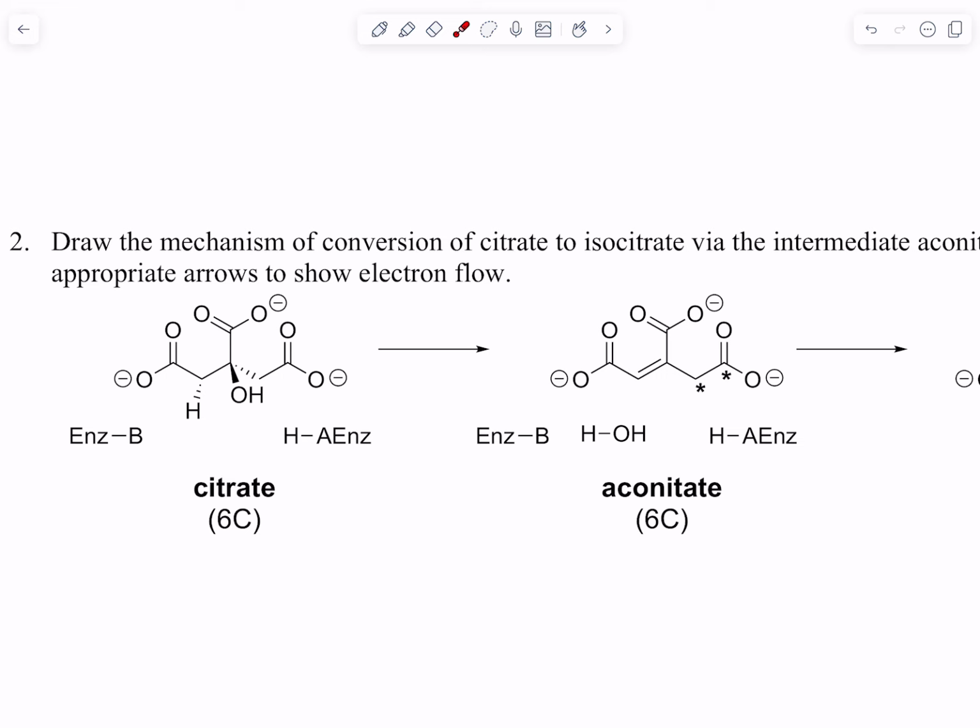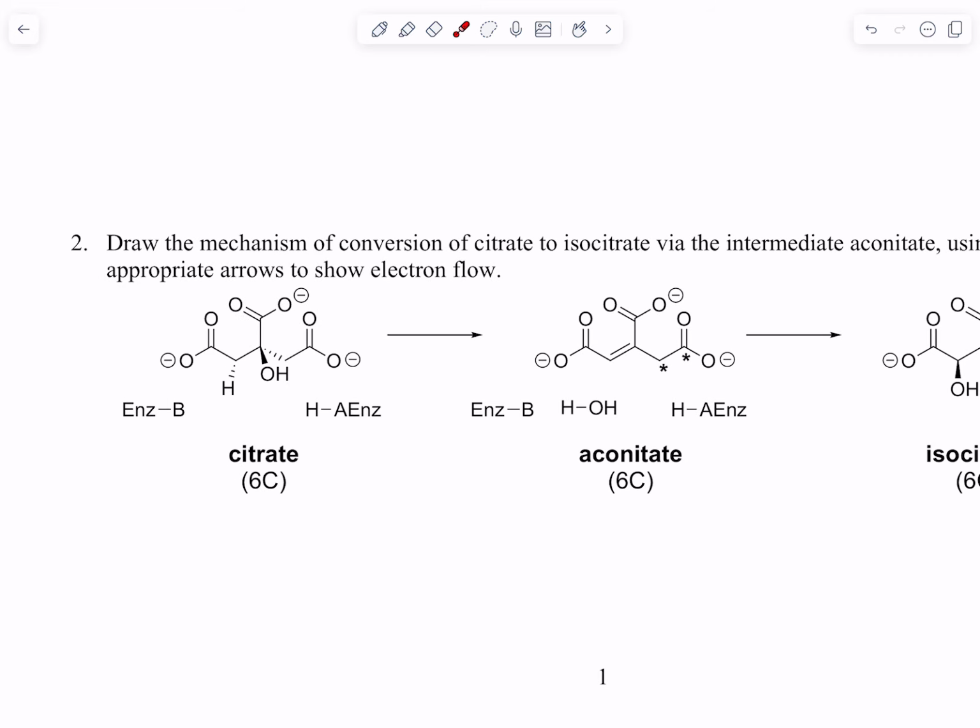So if we want to make the alpha and beta ketocarboxylates to prepare for decarboxylation, that OH group has got to move. All right, and it turns out all you need are acidic and basic amino acid side chains, acidic and basic groups in the enzyme active site to facilitate this process.